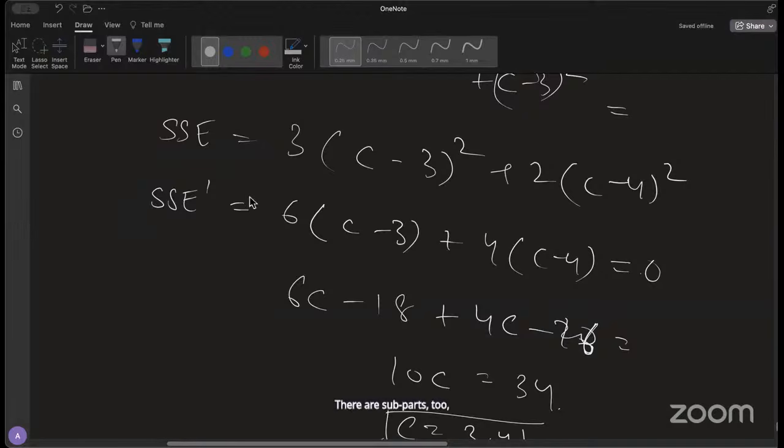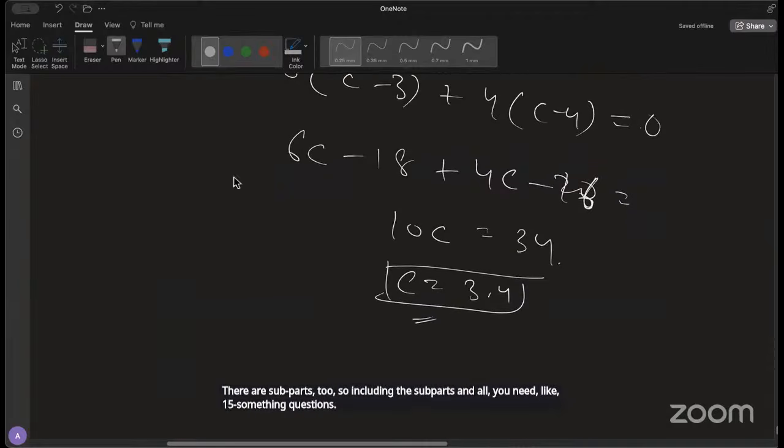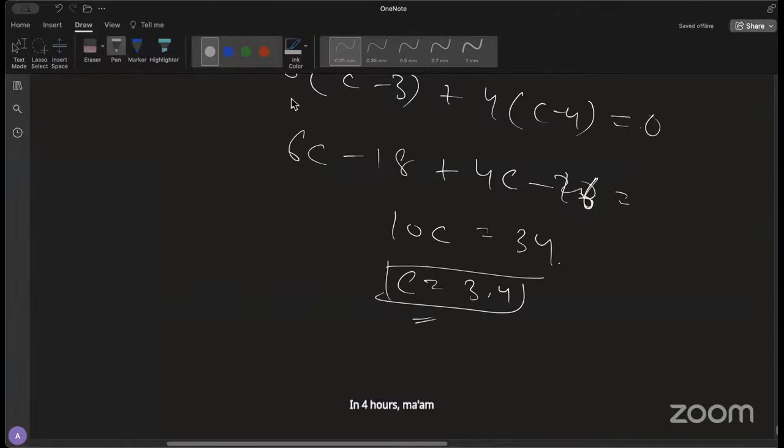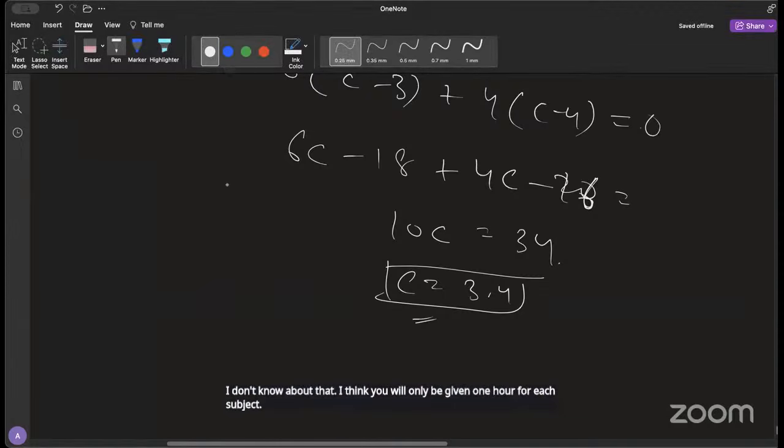So including the subparts and all, you will have 15 something questions. In 4 hours, ma'am, is the time divided for each subject, or can we choose any one subject according to our choice? I don't know about that. I think you will only be given 1 hour for each subject. But I'm not sure about it.